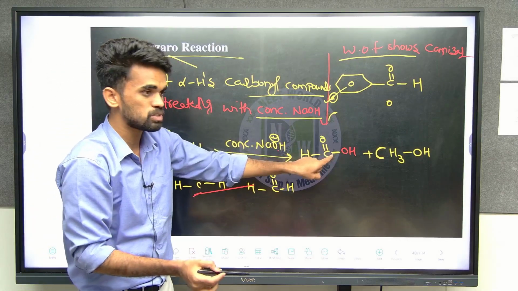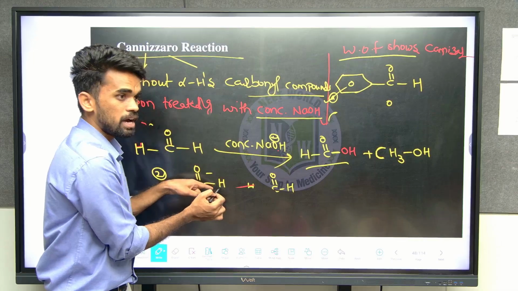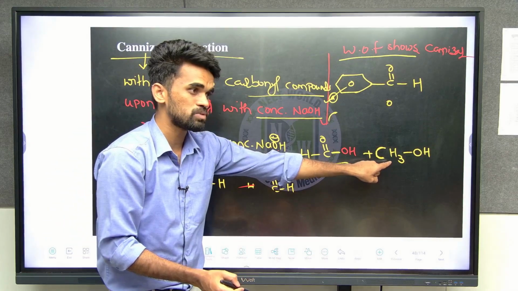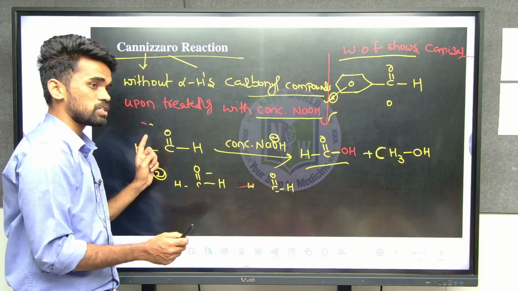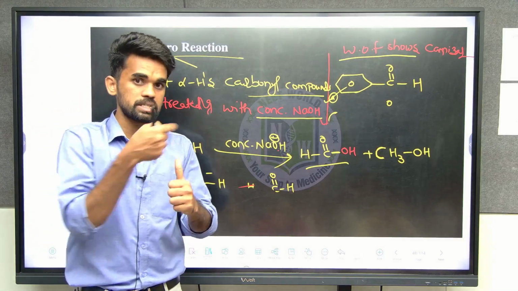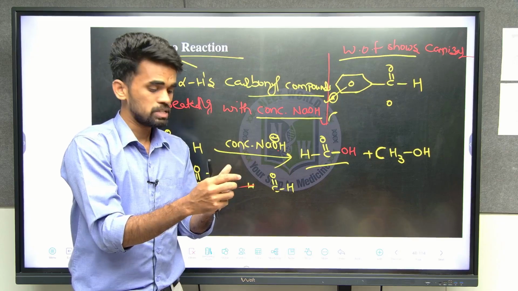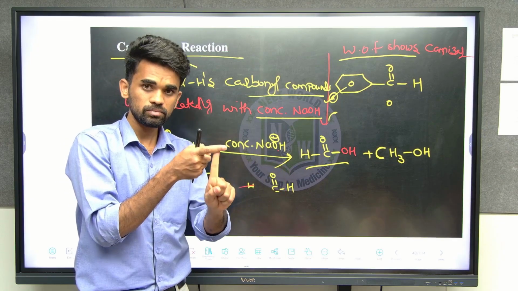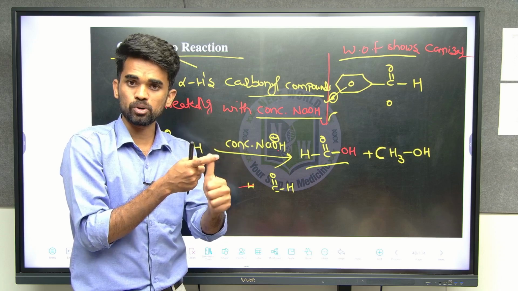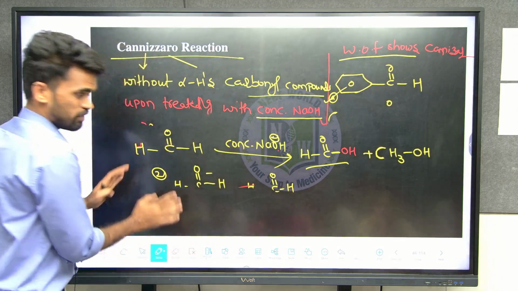Addition of oxygen means oxidation. To this other molecule you are adding hydrogen. Addition of hydrogen means reduction. So in Cannizzaro reaction, one molecule gets oxidized, another molecule gets reduced. So what are the final products? Carboxylic acid and alcohol. Everyone got this?